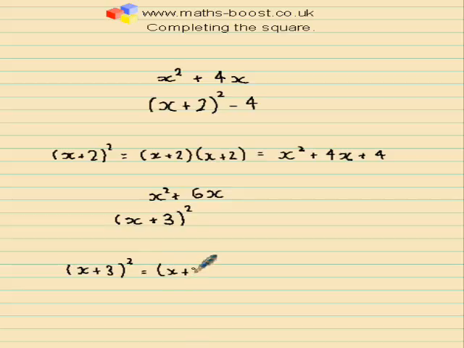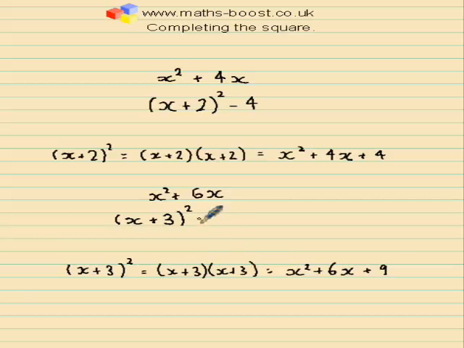Again, I've got x squared plus 3x plus another 3x plus 9. So in just the same way, this step 1 gives you the first two terms that you do want, but unfortunately introduces this extra term which you don't.